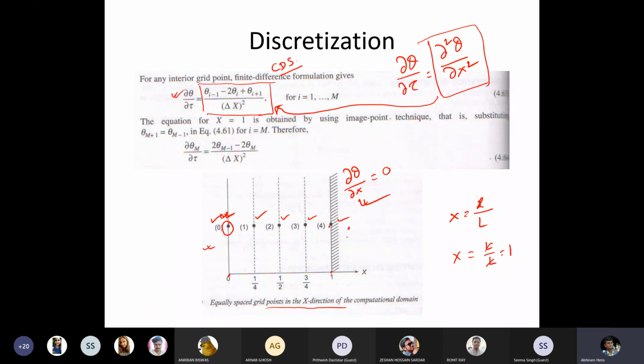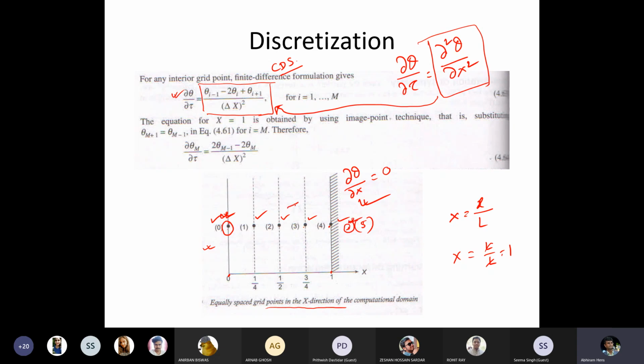So what we consider is an image point of this 3 here and consider it as point number 5. This is a fictitious, arbitrary point, which should be an image point of this 3. We will consider that whatever temperature there is at point 3 will be the same temperature at 5.